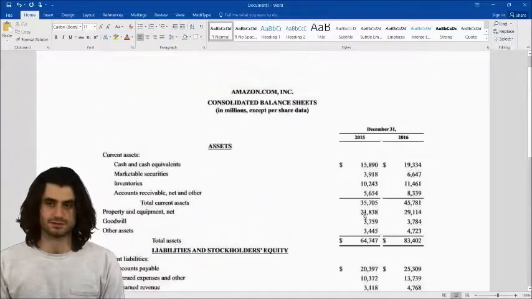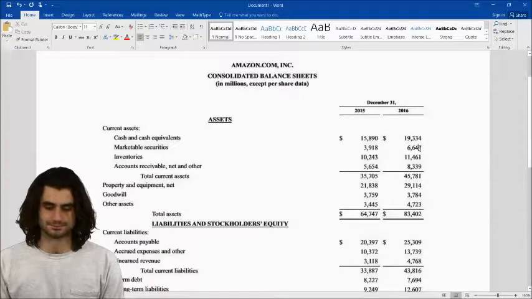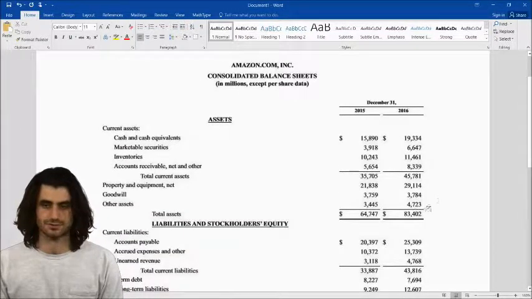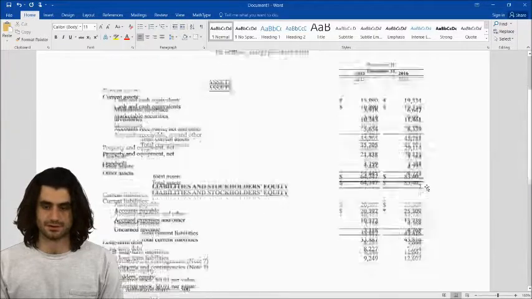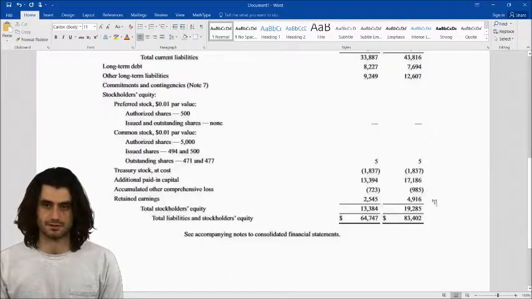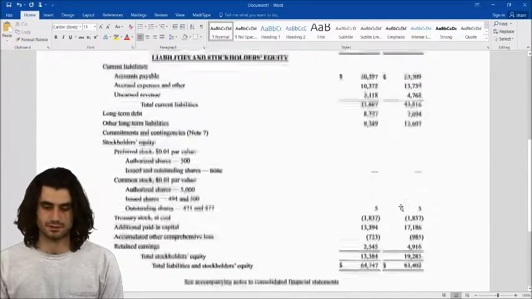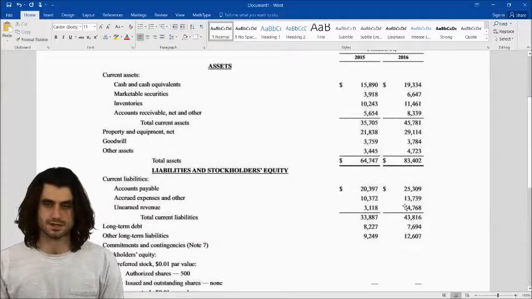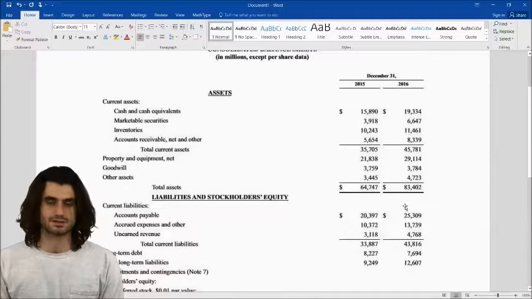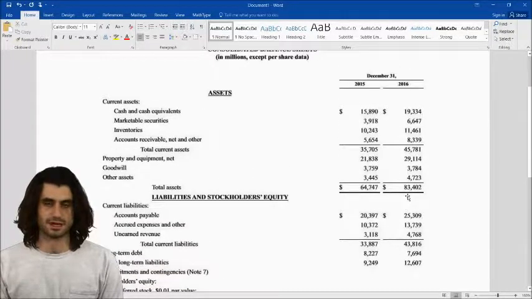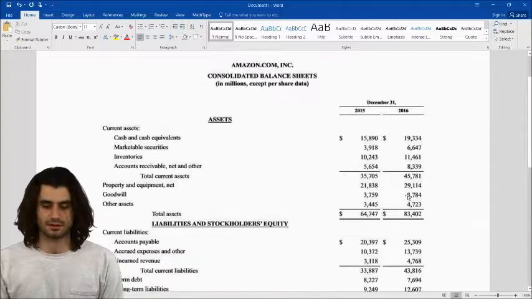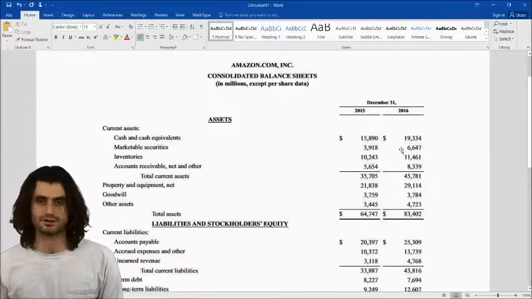We can do the same thing for the calendar year of 2016. It's equal to $83,402, and scrolling down, this is also equal to $83,402. So using this case study, we can see that assets are going to equal liabilities and stockholders' equity, or ownership equity. They're both the same thing, and they will balance out. And once they're balanced out, we can see that a company has broken even.